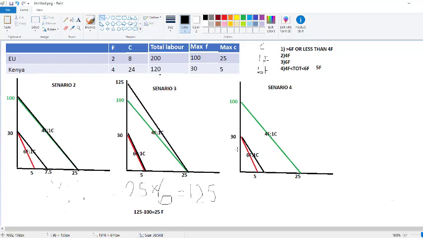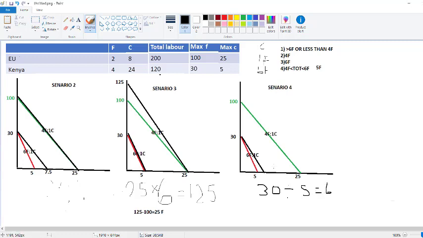So what is happening? Kenya shifts all the production towards food, so they're producing 30. Initially speaking, it was 6 food per 1 carbon, which meant that 30 divided by 6 would have given you 5. But now it is only 5 food per 1 carbon in the real world. So it's going to be 30 divided by 5, the new world price, and that will give you 6.